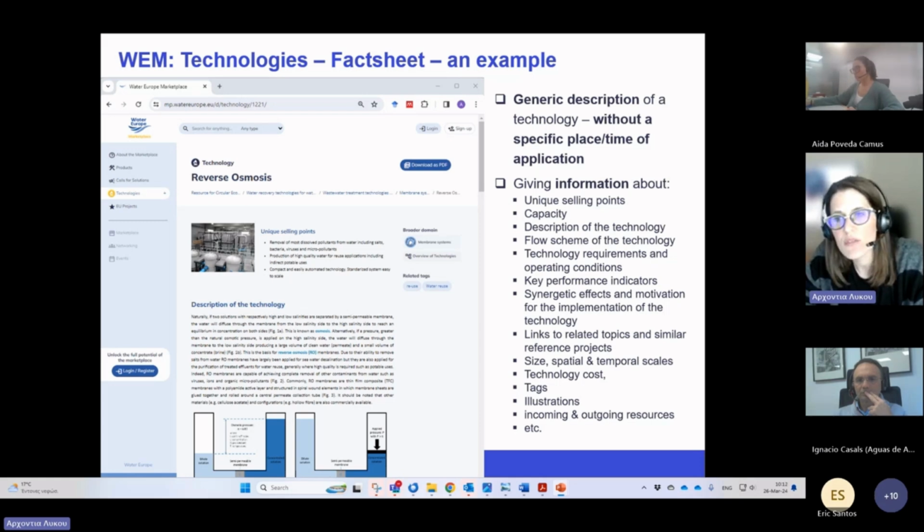In those fact sheets, we give information about the unique selling points, the capacity, we describe the technology, the flow schemes, the technology requirements and operating conditions for somebody to implement the technologies, the KPIs, and we provide motivation for somebody to implement such technology, among other information.